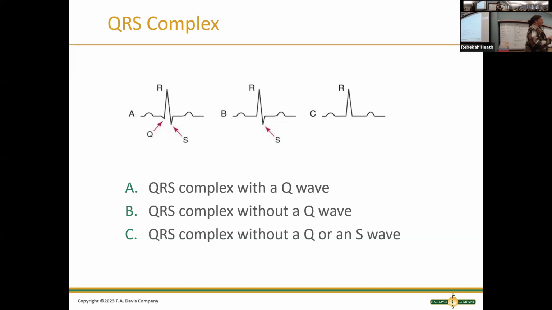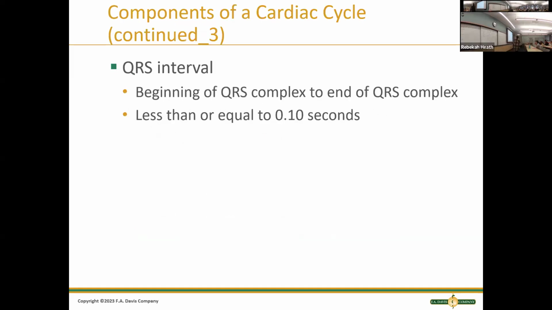It's not that it's not happening, we just can't see it very well. We still refer to it as the QRS complex, and we still hold it to the same standard, meaning we want it to be about 0.10 seconds or less. That's about how long we expect the QRS complex to be.